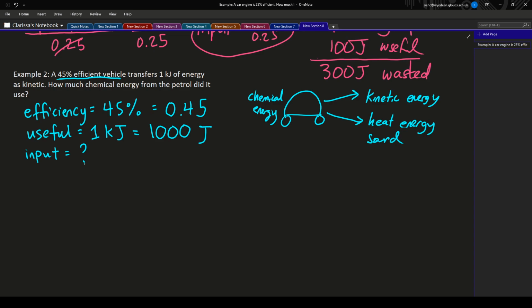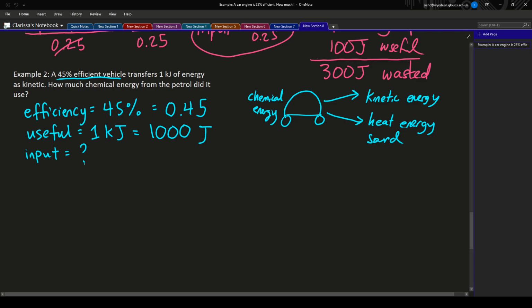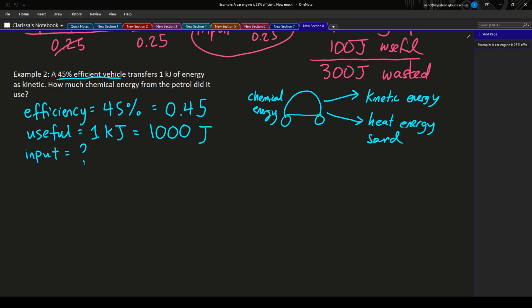Just like we did previously with the TV and the kettle, where you wrote in the chat what energy was useful and what was wasted, you have to do the same thing here, but in the middle of a problem. You had to decide for yourself which of these energy stores is what I want, which is what I started with, and which was wasted.